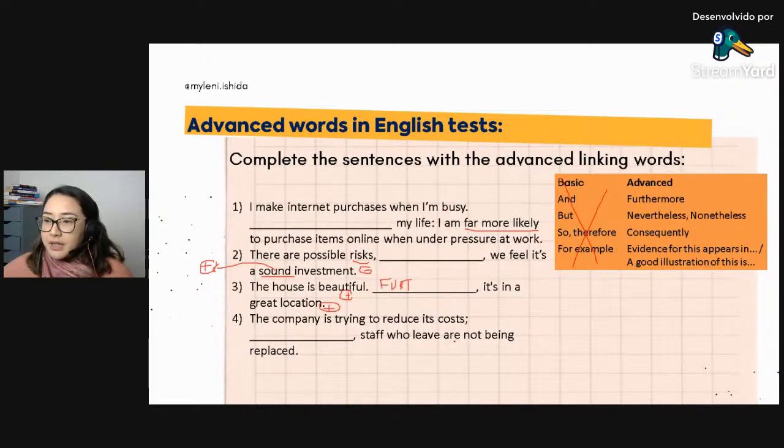Staff who leave are not being replaced. So we need to reduce costs. Staff are not being replaced. It means substituted, right? So can you see this is a consequence, right? Consequently, so, but I'm going to use advanced words, right?